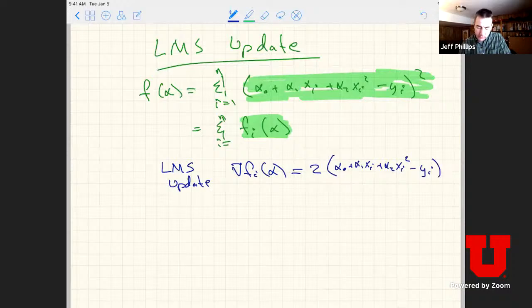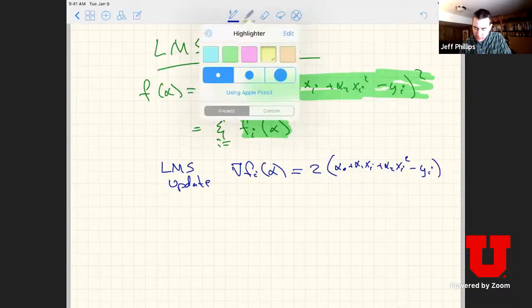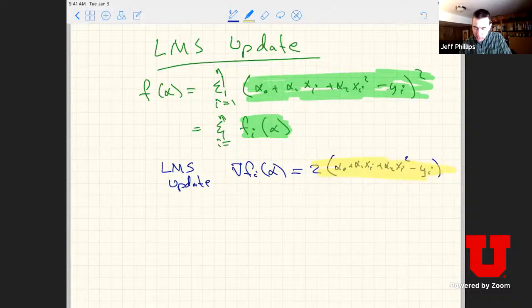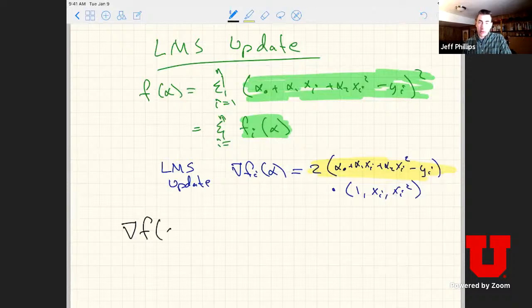This is a scalar, times (1, x_i, x_i squared), which is going to be a vector. Okay, so this was the LMS update rule, and that means I can put this back together to say that the derivative of the full f of alpha, not just on a single data point, is now going to be the sum.